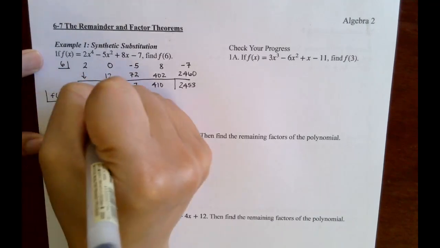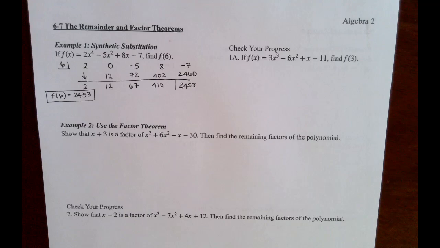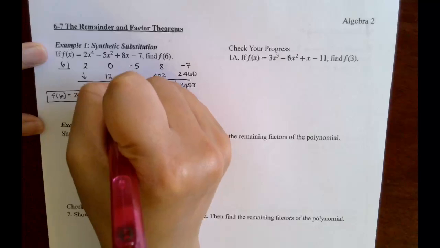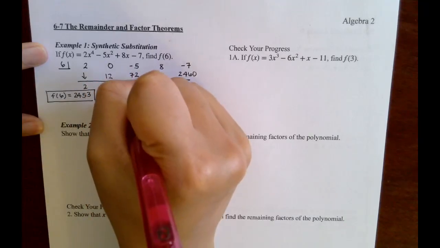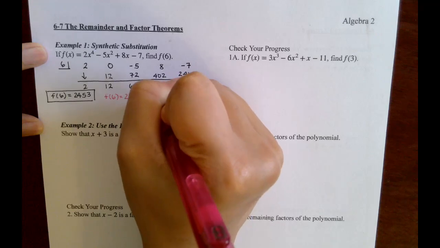And so, based on this, we believe that f of 6 is 2,453, right? But let's check it. Let's say, does this actually work? So let's check it with f of 6 by directly plugging it in, replacing all of my x's with 6.